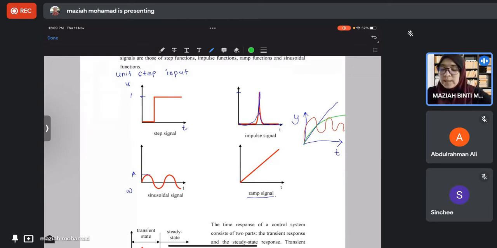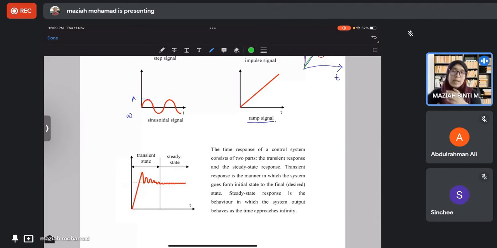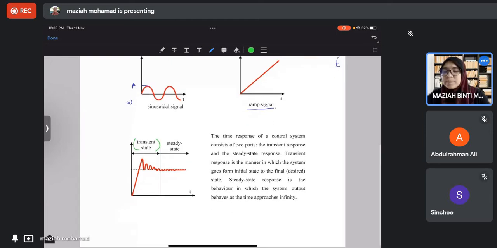All right. So in time response, there are two parts. The first one is what we call transient state response, and the second one is steady state response.